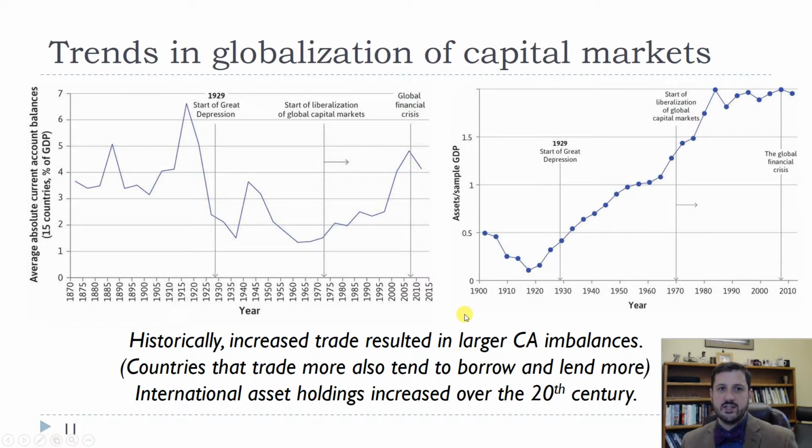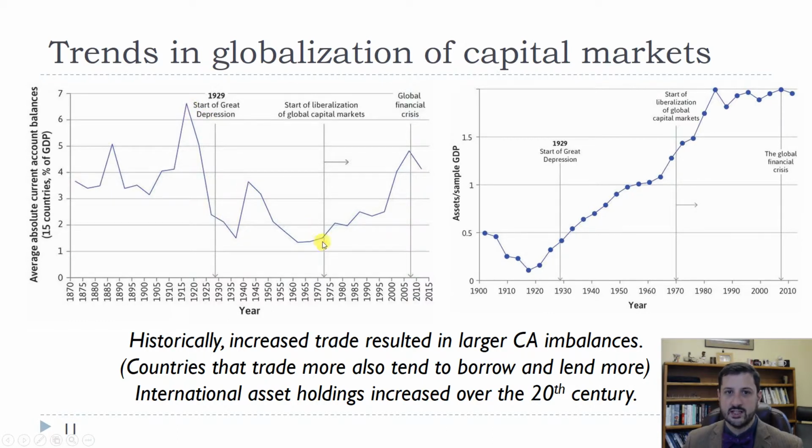And so what we've seen in terms of globalization is that as we've had an increase in trade in goods and services, we also get an increase in the flow of capital. And so on this left-hand side graph, we have the average absolute current account balances, right? So some will be negative and some will be positive, but we're just taking the absolute as a percentage of GDP, and this is for 15 industrialized countries. And you can see it was really high in that first period of globalization.